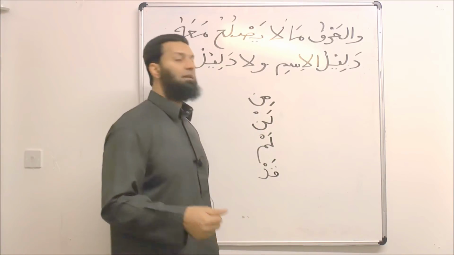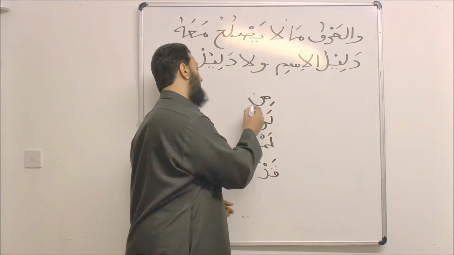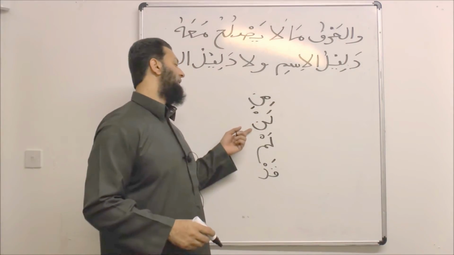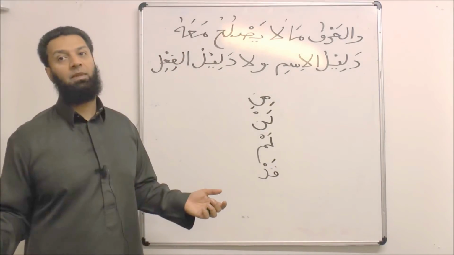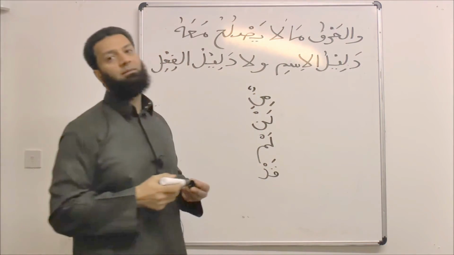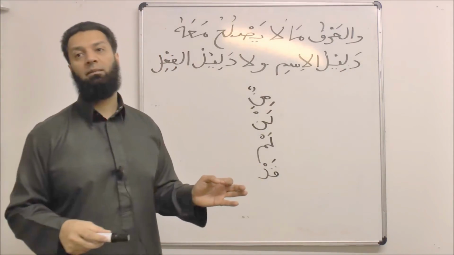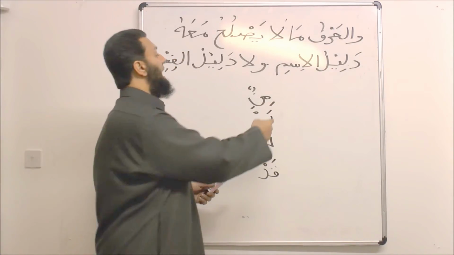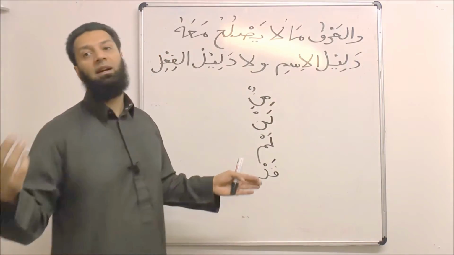So we can't say, for example, min with al-kasrah. We can't say lan, lam, qad with it. We can't say any of them. Similarly, we cannot say tanwin on them. We cannot say minun, lanun, lamun, qadun. Similarly, we cannot say al-minu, or al-lanu, or al-lamu, al-qadu.